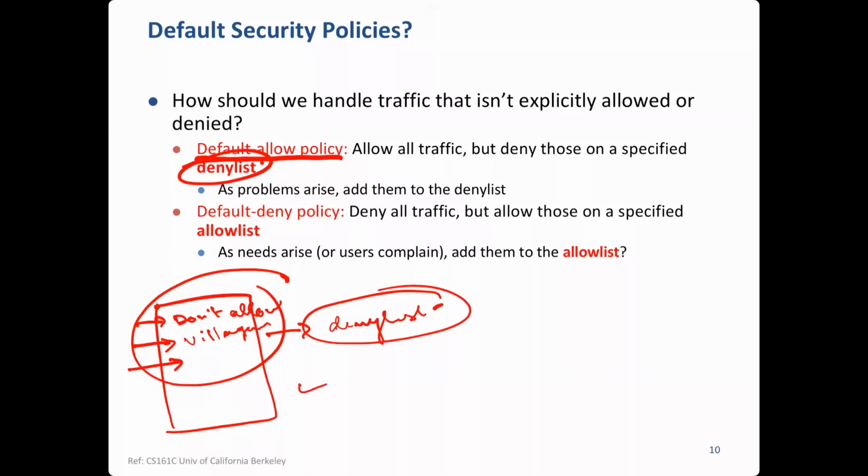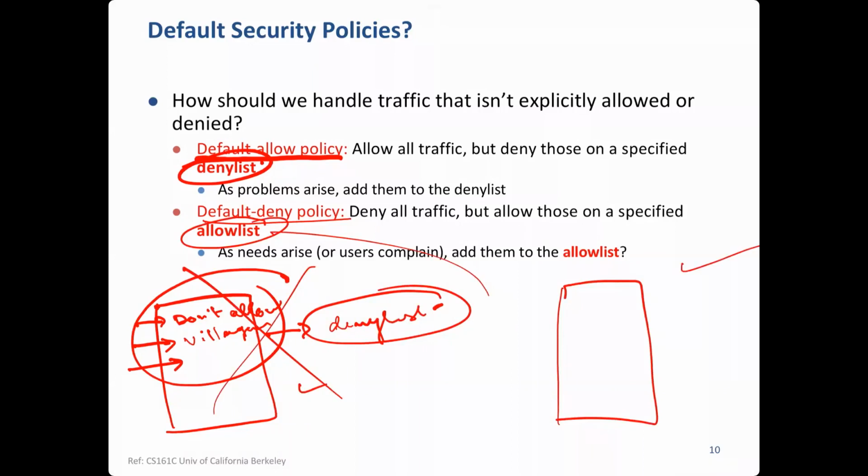The other policy is that by default, don't allow anybody, allow only those who are in the allow list. So here the policy can be: allow students with ID card, allow parents of students if accompanied by a student, allow workers, teachers, etc. Allow vendors with permission, all that.